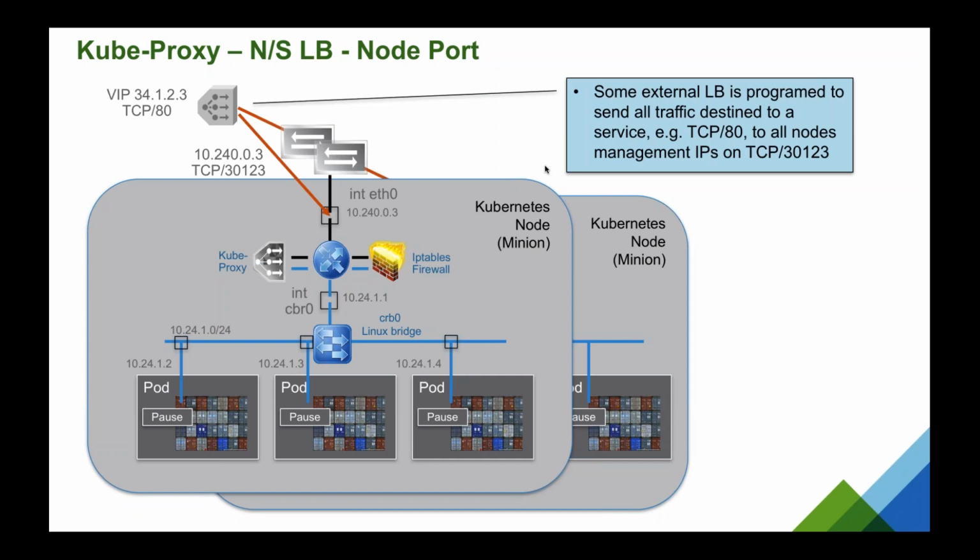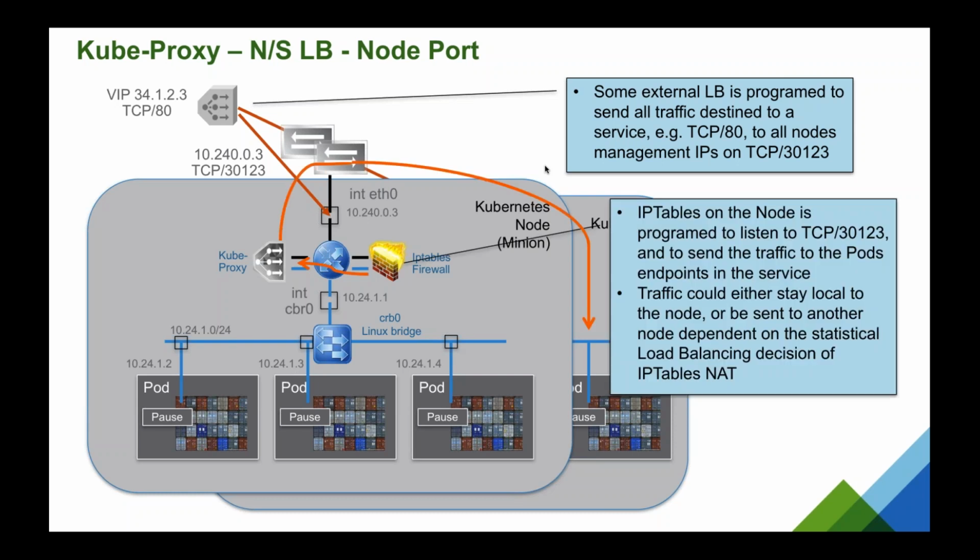Then that load balancer is programmed to send the traffic from TCP port 80 to a pool of servers, which is all the nodes in your cluster, or maybe selected nodes in the cluster. But it sends the traffic to the nodes' management IP addresses, and then some ephemeral port. Here I use the example 30123.